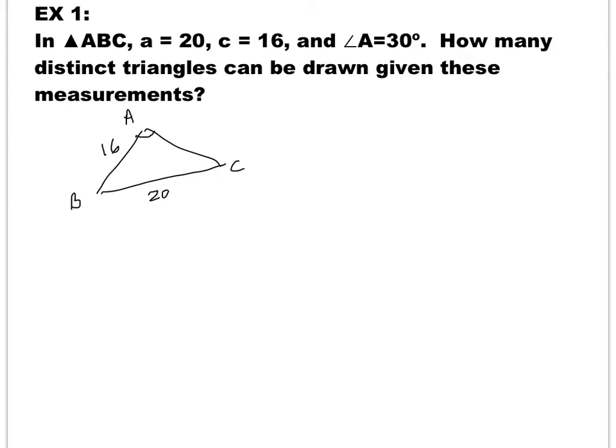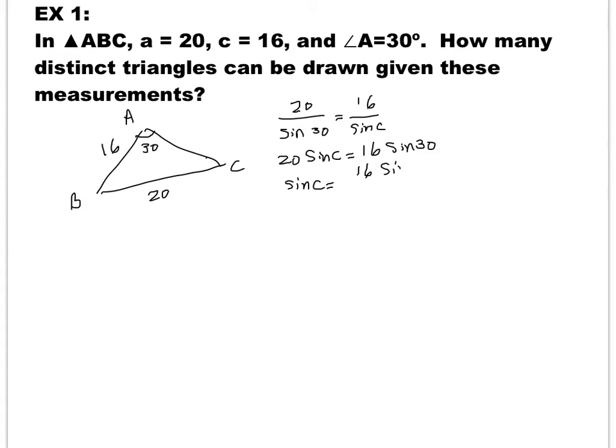Since we have two sides and an angle in front of one of the sides, we can use the sine law. So I can write 20 over sine A, but A is given to be 30, so sine 30, is equal to 16 over sine C. If I cross multiply these, I get 20 sine C is equal to 16 sine 30, or sine C is equal to 16 sine 30 over 20.